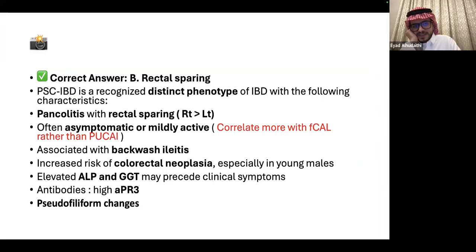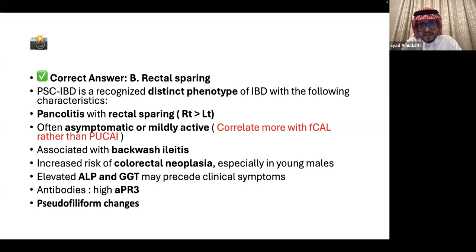I tried to summarize all the features of primary sclerosing cholangitis in IBD. It's a distinct phenotype. Usually it presents with pancolitis with rectal sparing, but unlike UC, it's more prominent on the right side rather than the left, while UC is worse distally rather than proximally.